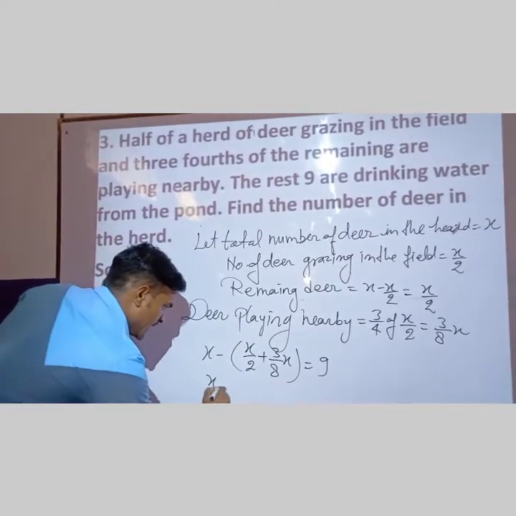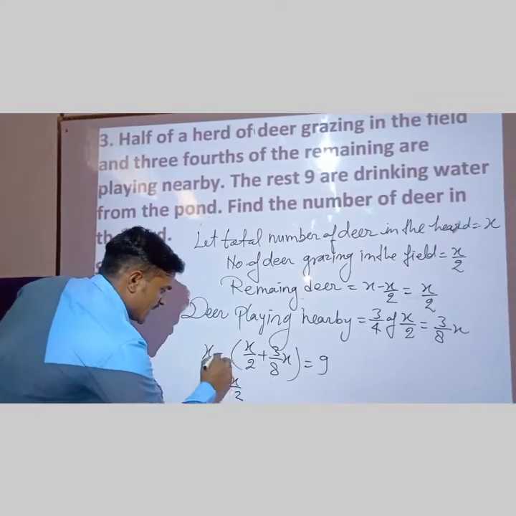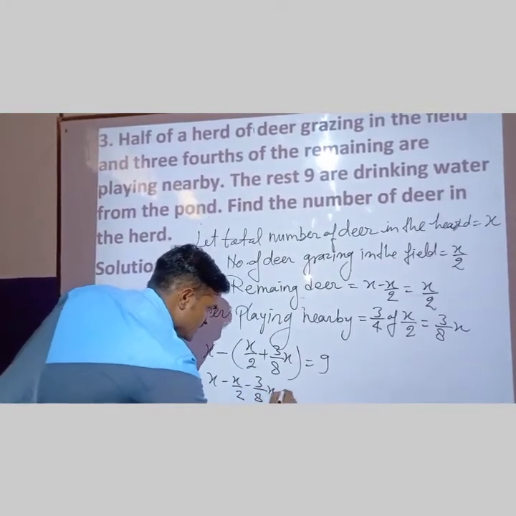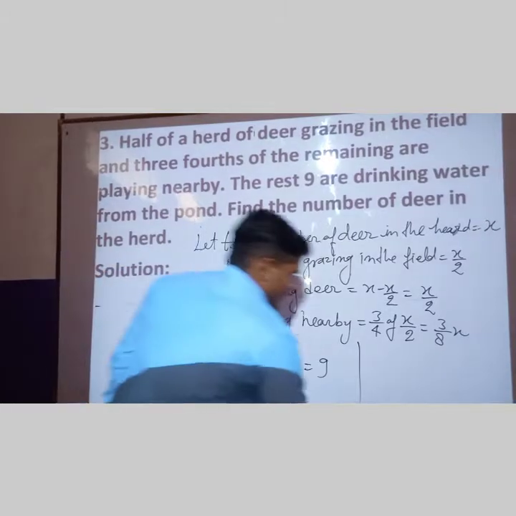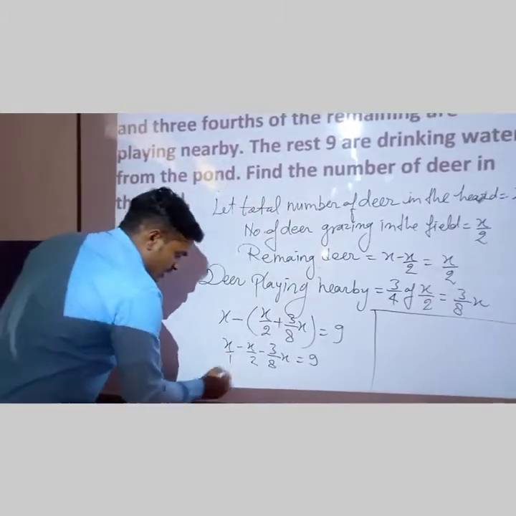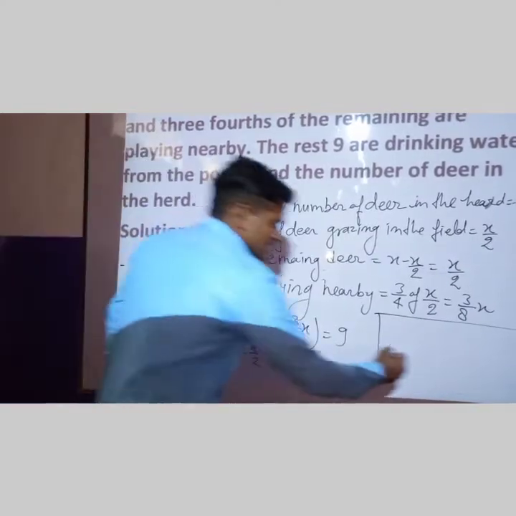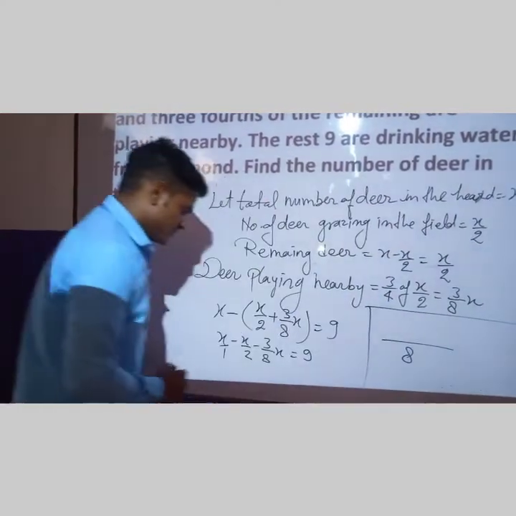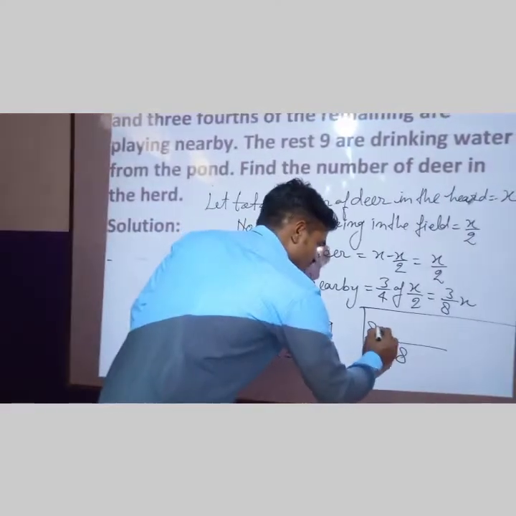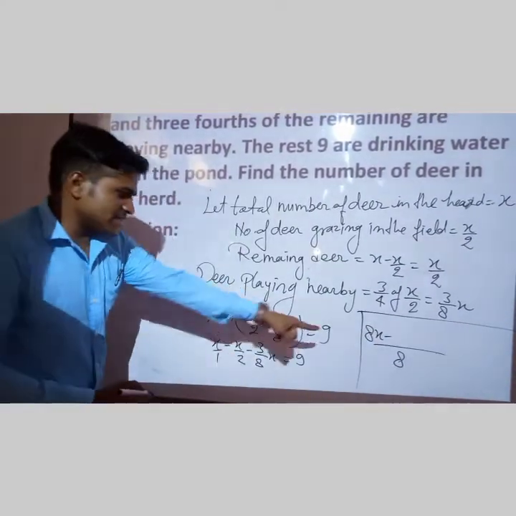So we may write x minus x upon 2 minus 3 upon 8x is equal to 9. Now let us take the LCM of 1, 2 and 8. So the LCM of 1, 2 and 8 is 8. So 8 divided by 1 gives 8, 8 ones are 8. So 8x minus, 8 divided by 2 gives 4.